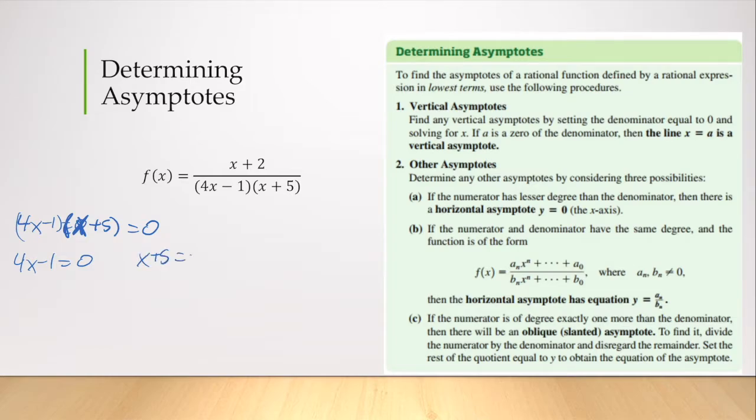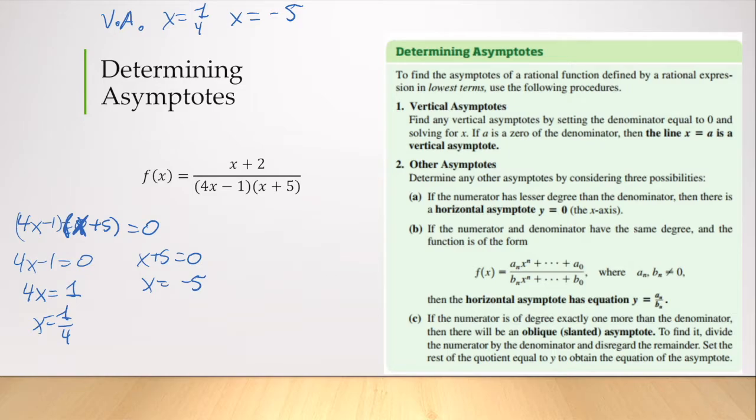As you can see, I'm going to have two vertical asymptotes. You have to solve this first: x equals 1/4 and x equals negative 5. I'm just solving for x. So I have vertical asymptotes, and I can have two, that's okay, at x equals 1/4 and x equals negative 5.